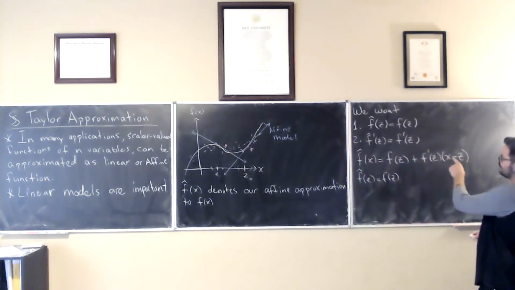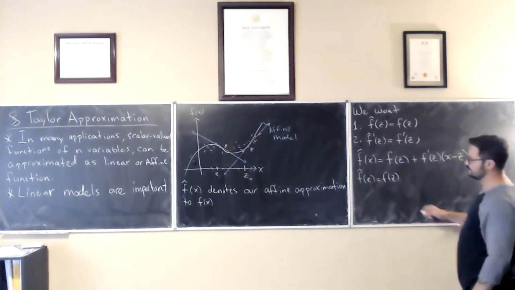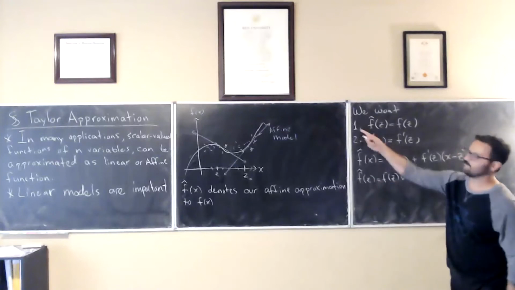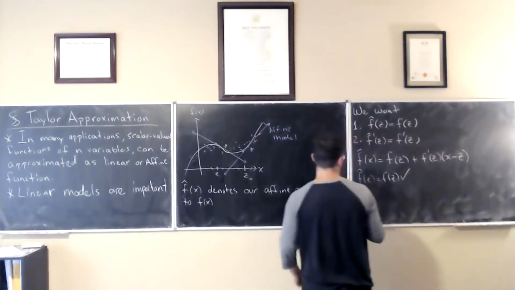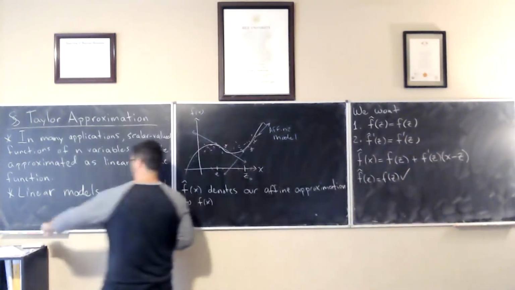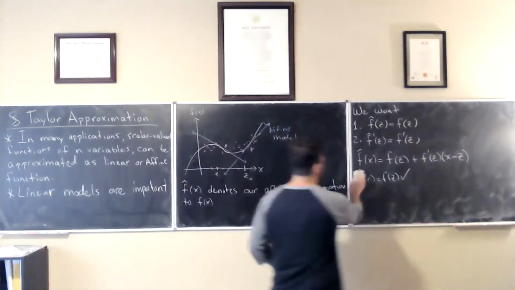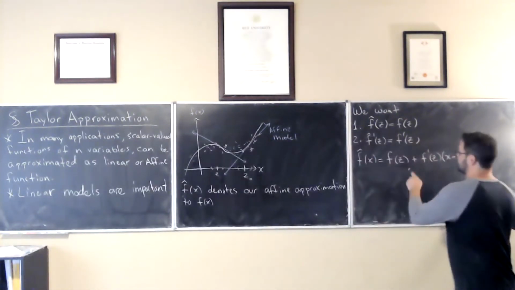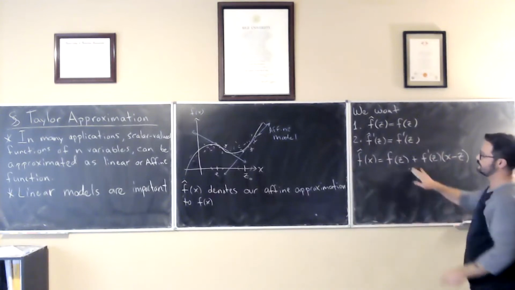And then here we have z minus z, which is 0, times a number. Okay, it matches up with part 1. So yes, this does match the first thing that we want.